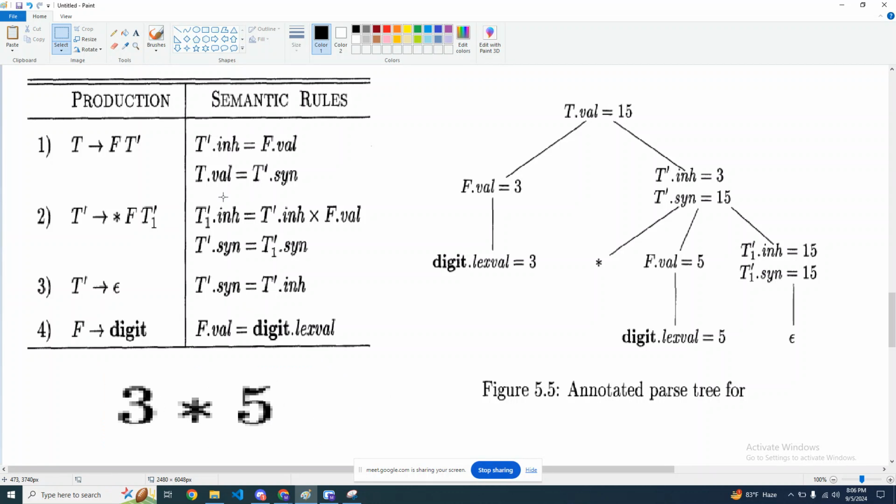So first you need to use this grammar to draw a parse tree that will generate 3 into 5, and in that parse tree you need to provide all the attributes, right? And you need to calculate those attributes, right? So these are attributes that have inheritance.